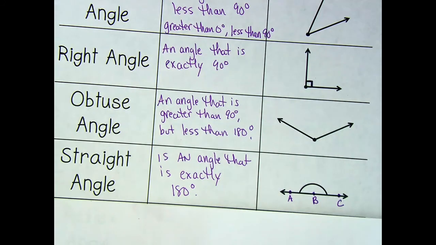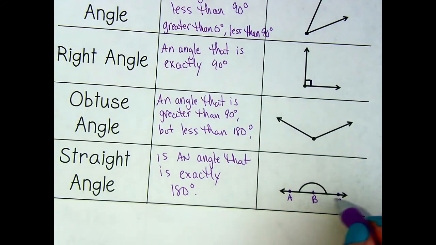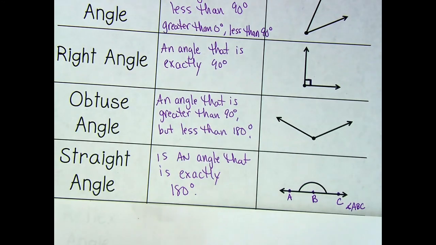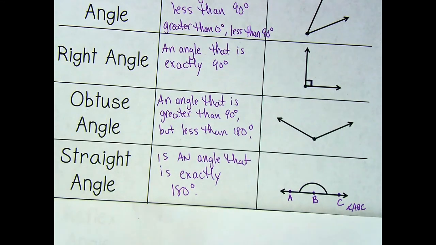So it would be angle ABC. And while it looks like a line and has a lot of the same properties as a line, because it has the 3 points, that is what makes it a straight angle. So these are our angle basics.